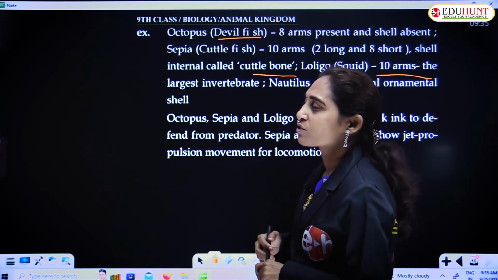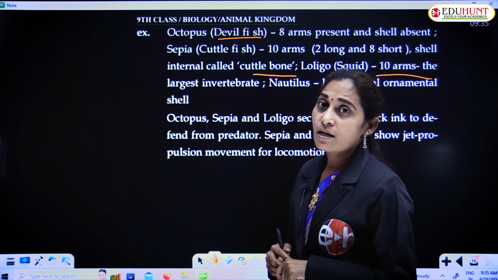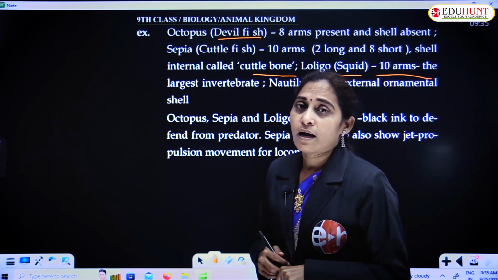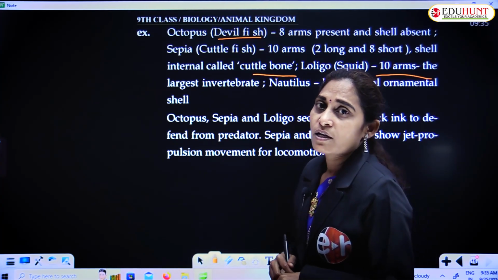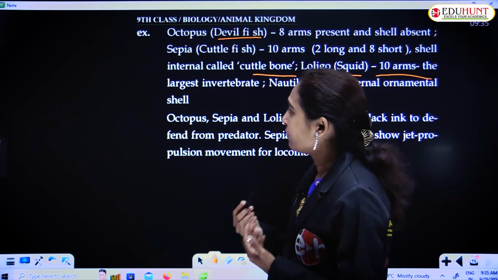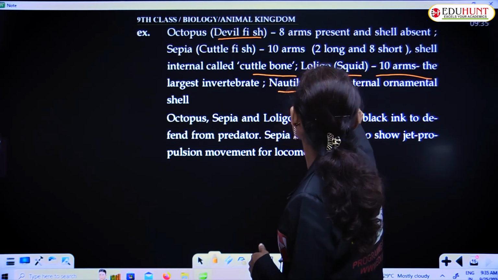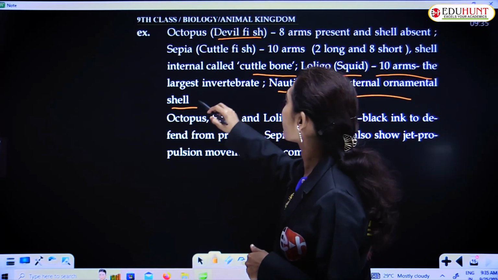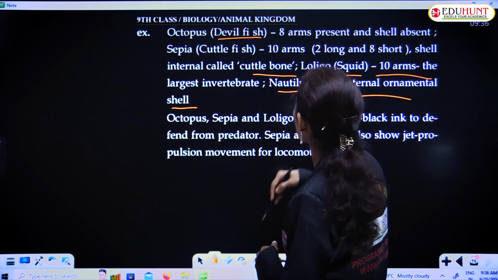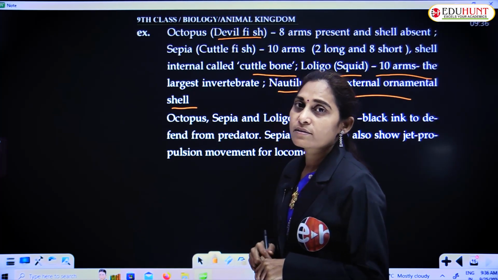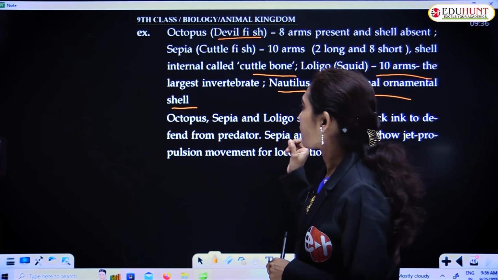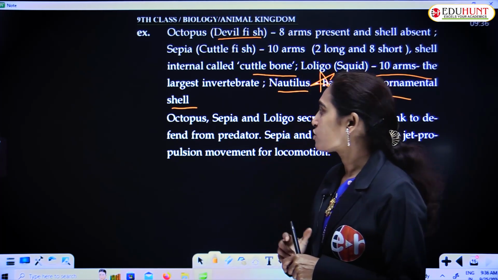Squids are the largest invertebrates. Architeuthis, I mentioned, is the largest invertebrate. Nautilus has an external ornamental shell. It is one of the examples having an external shell.